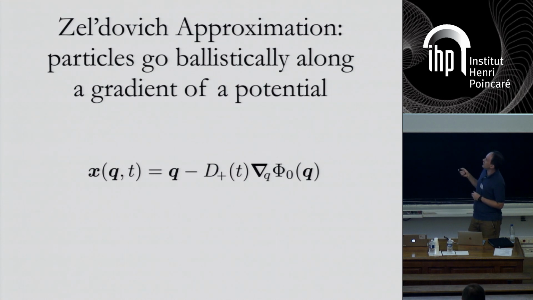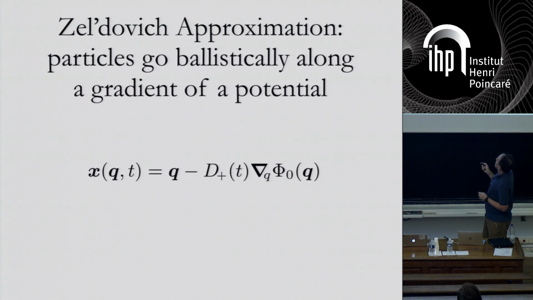This x is the Eulerian actual position of a particle where it ends up. So this is for, say, a particle or a vertex of a mesh, as I'm going to show in a bit. Q is the initial position in comoving coordinates of that particle, and this thing encodes the displacement between the initial and the final position.